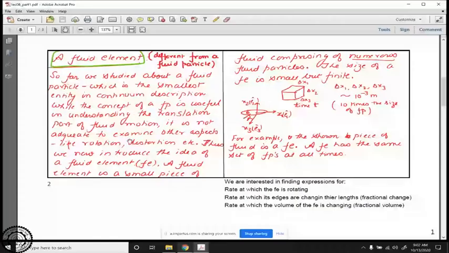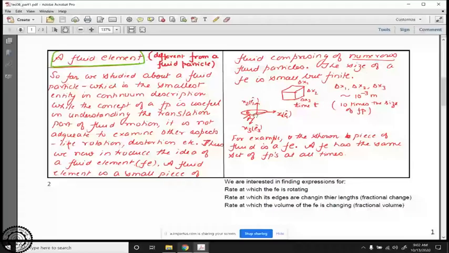However, it is not adequate to examine other aspects like rotation and distortion or deformation. Thus, we now introduce the idea of a fluid element. A fluid element is a small piece of fluid comprising numerous fluid particles. The size of FE is small but finite.